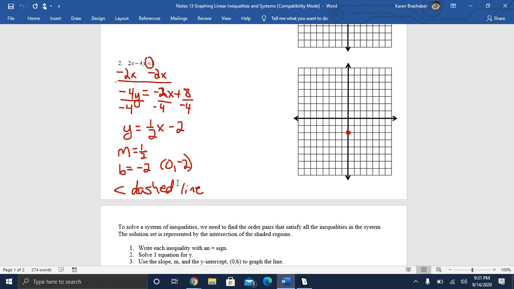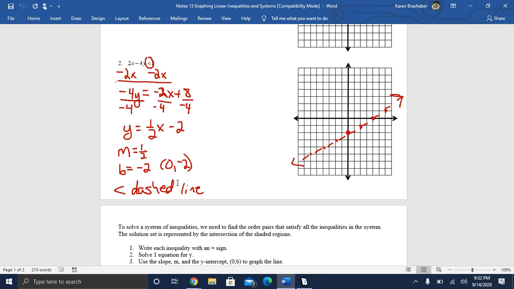So up 1, right 2, and continue on, up 1, right 2. Make enough points that you are accurate as you draw the line. And this one is dashed. Again, that means the boundary line is not included in the solution.